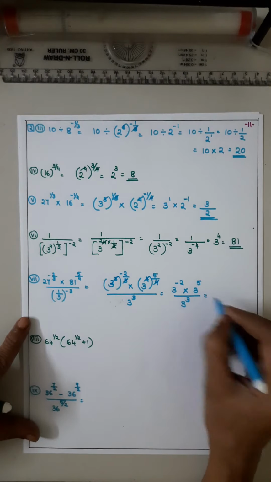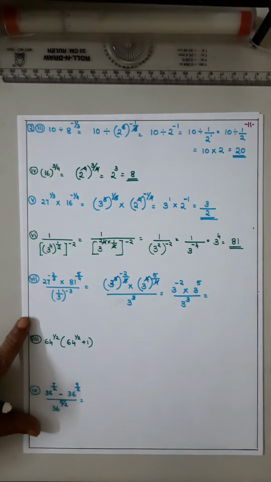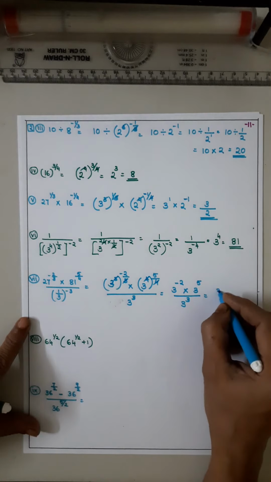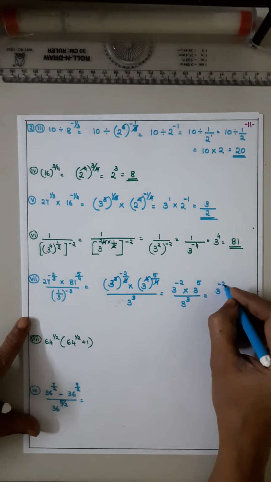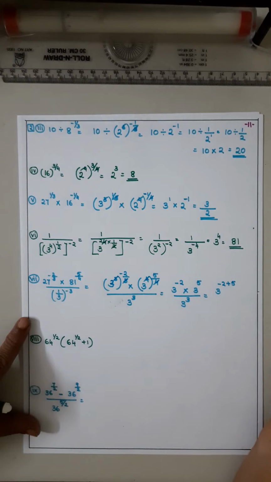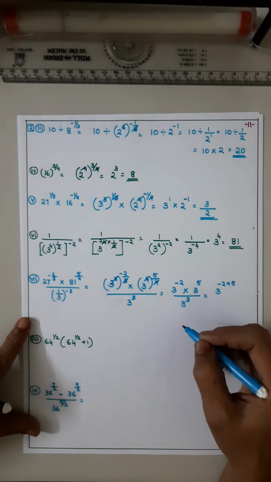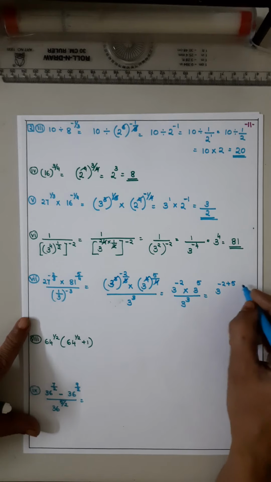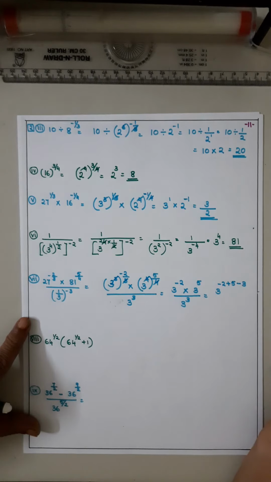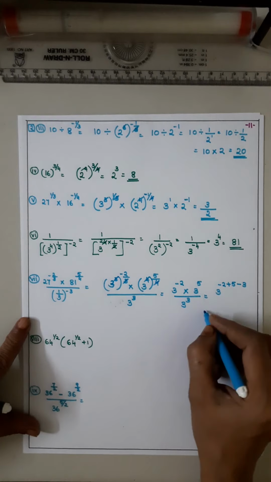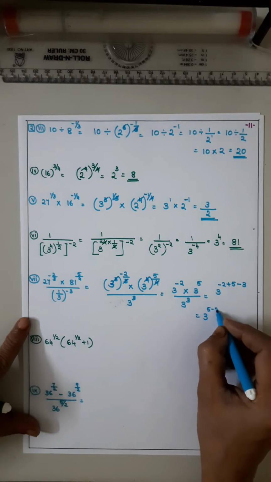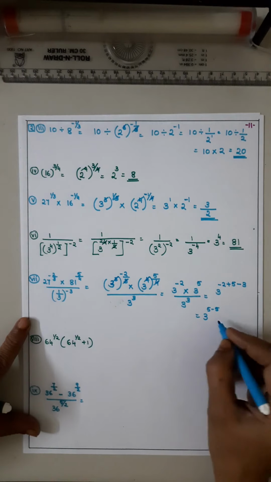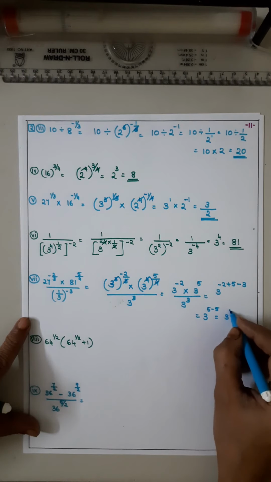क्लियर. नाउ न्यूमरेटर में अभी सबका बेस सेम है 3 to the power ऊपर का मल्टीप्लीकेशन. सो माइनस 2 प्लस 5 ऐड करेंगे. अभी इधर डिवीजन का मतलब क्या है सबट्रैक्ट करने का माइनस 3. क्लियर. तो अभी आया आपको आंसर 3 to the power 5 minus 5 है ना. अभी 3 to the power 0.